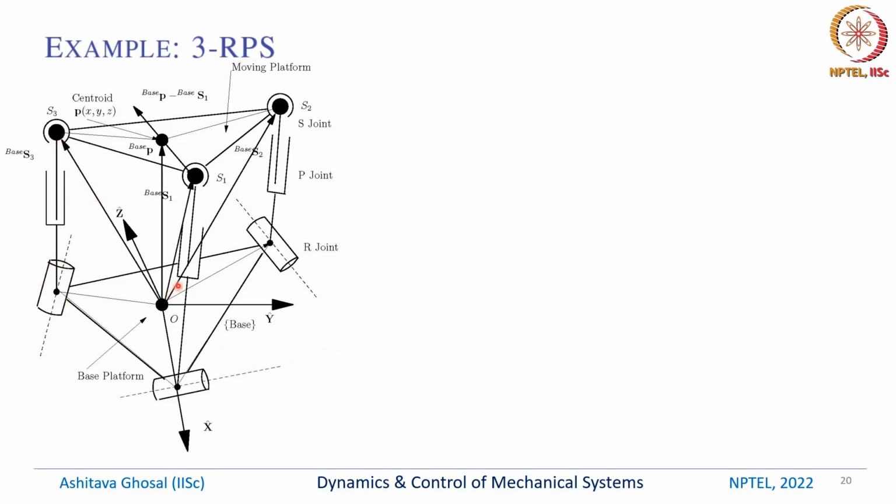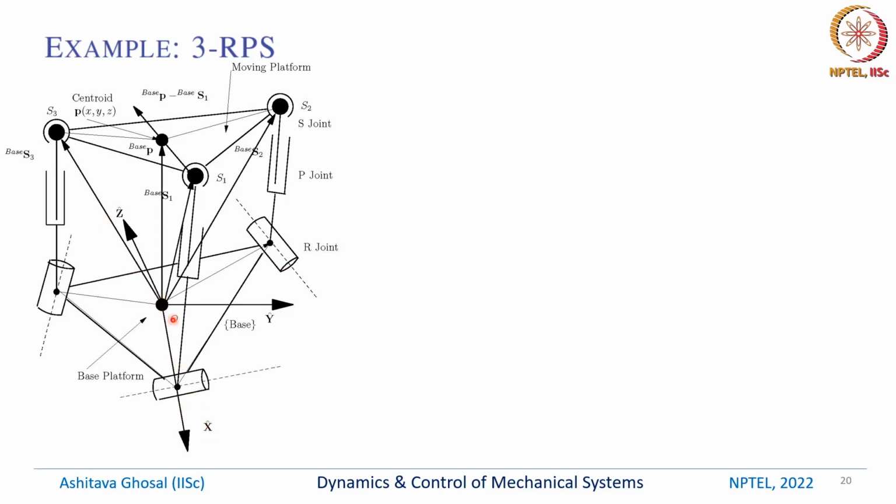Okay, and in order to analyze or model or solve this mechanism, we assign a fixed coordinate system which is called the base coordinate system. This is attached to the fixed base platform, and then we have these vectors which can locate from a fixed origin, which is O, and this is the x, y and z axis.